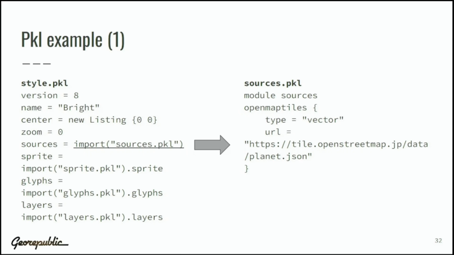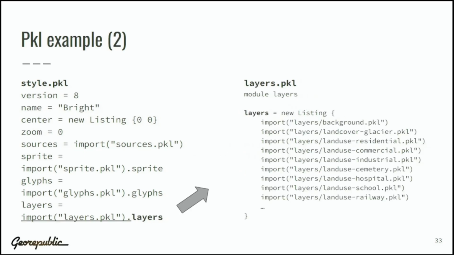Sources defines the OpenMapTiles entry point. And layers is defined as a listing, and it can import some to many layers.